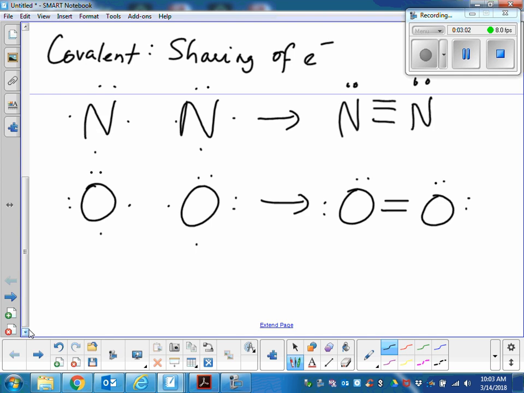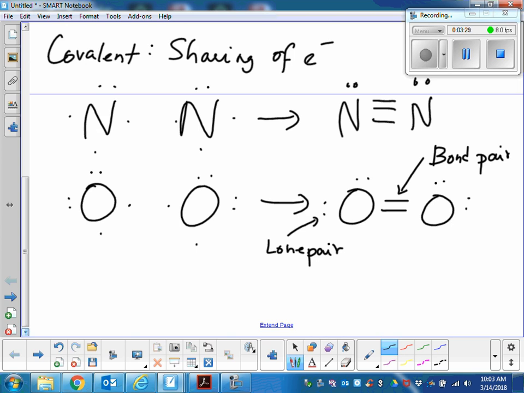Does that make sense? Now, this pair of electrons is called a lone pair. This pair of electrons that is shared is called a bond pair. That which is shared between the 2 atoms is called a bond pair. That which the element keeps to itself is called a lone pair.